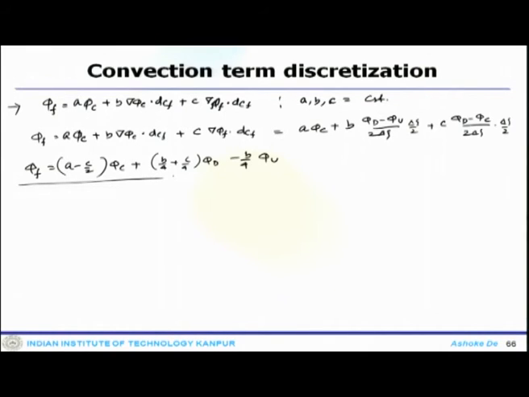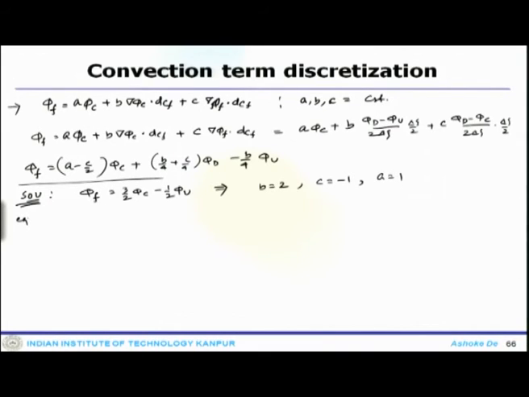For example, if you consider second order upwind, one can find the profile; just assume second order upwind, then phi f is 3 by 2 phi c minus half phi u, which will lead to the coefficients b equals 2, c equals minus 1, a equals 1.